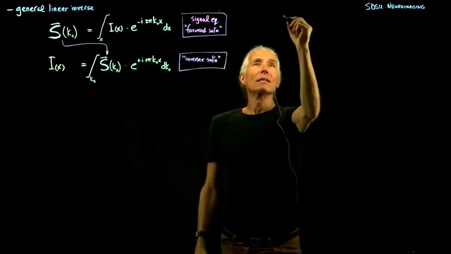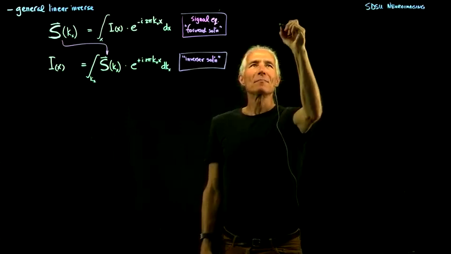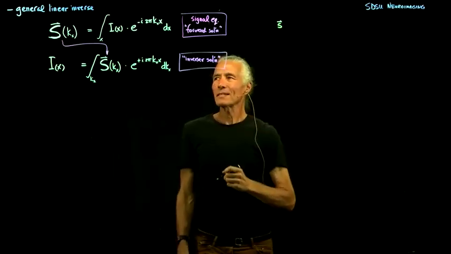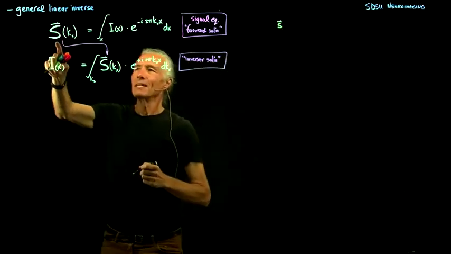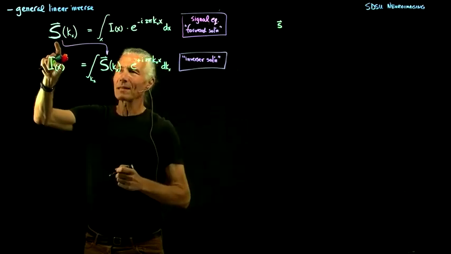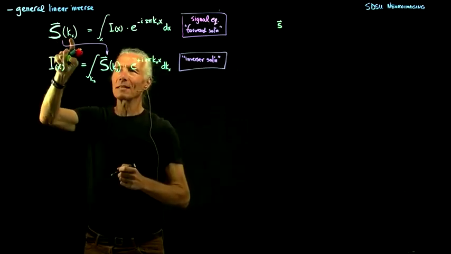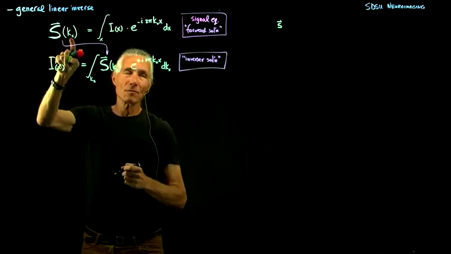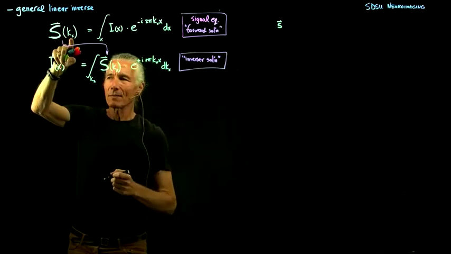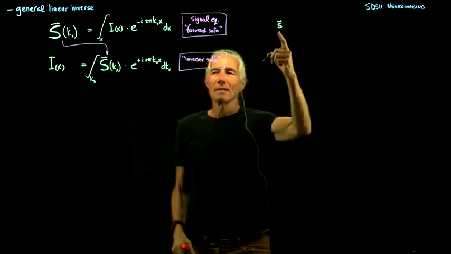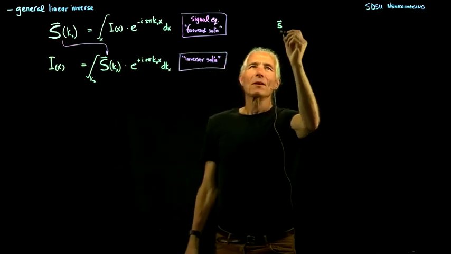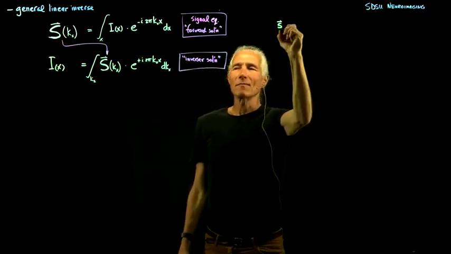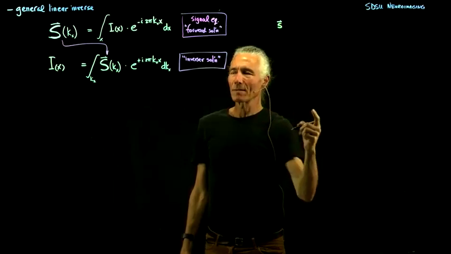I'm using this same s here, but that's a small s for the vector of complex numbers. This says, for each spatial frequency, we have a complex number. So here's a vector, and that vector just consists of a whole string of complex numbers.